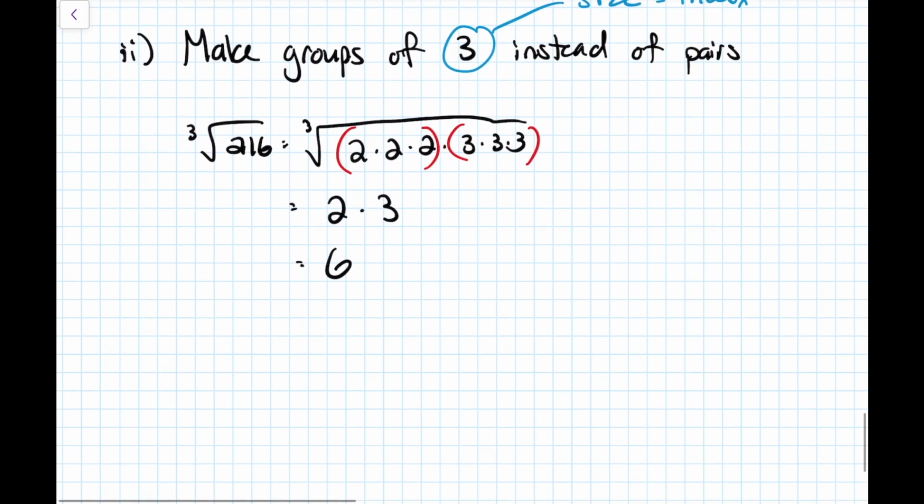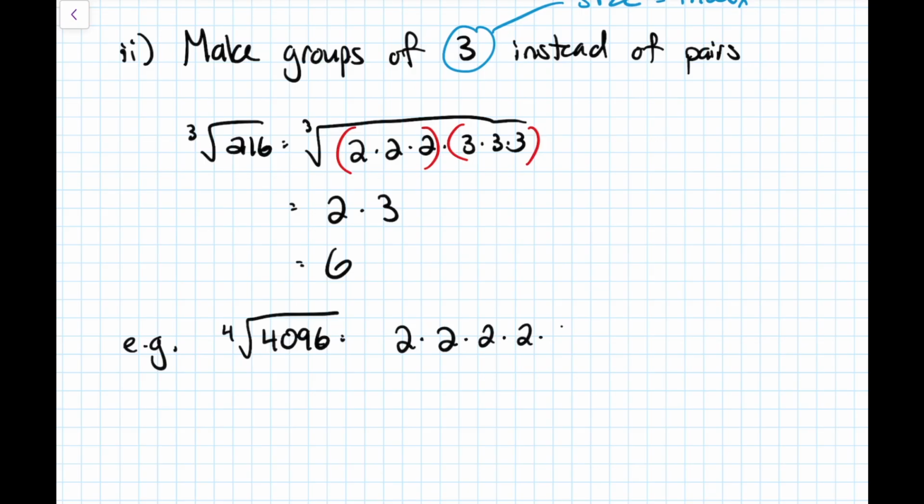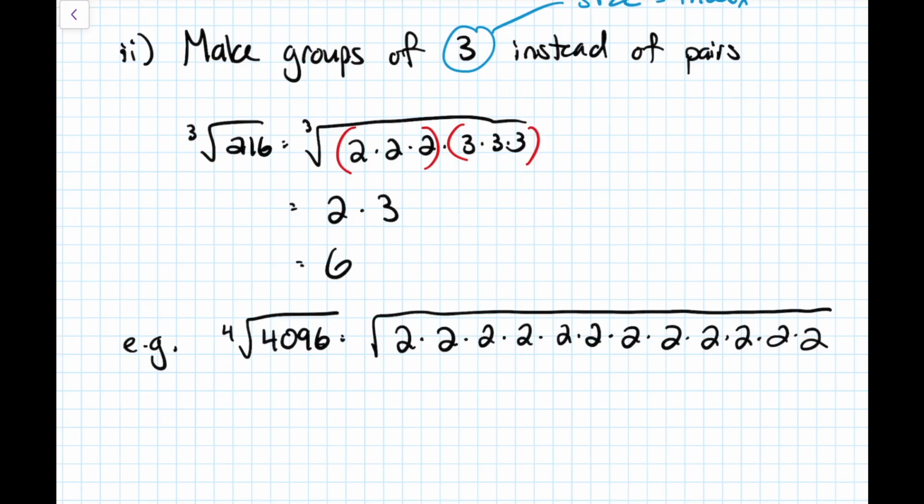So going back to a number we considered previously, if I asked you to do the fourth root of 4096, so we already did the square root here. Remember, 4096 was 12 2's. Go ahead and pause the video and think about this for a second and see if you can figure out what the fourth root would be.